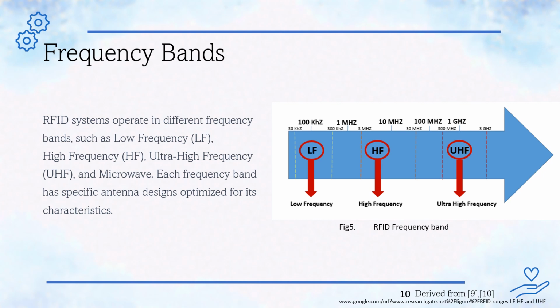Each frequency band has specific antenna designs optimized for its characteristics. The frequency bands can be different, and how the data is used and scrutinized for each band is different. So the antennas used for communication will differ based on the frequency band.